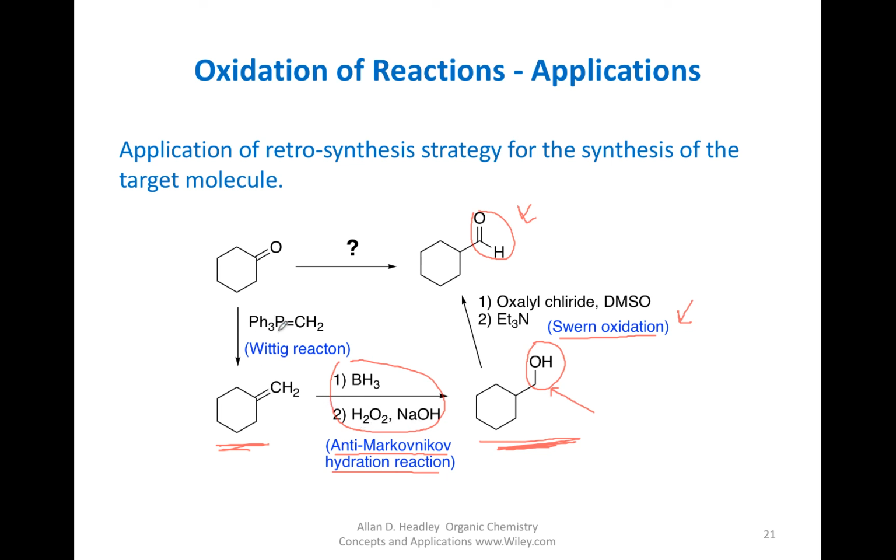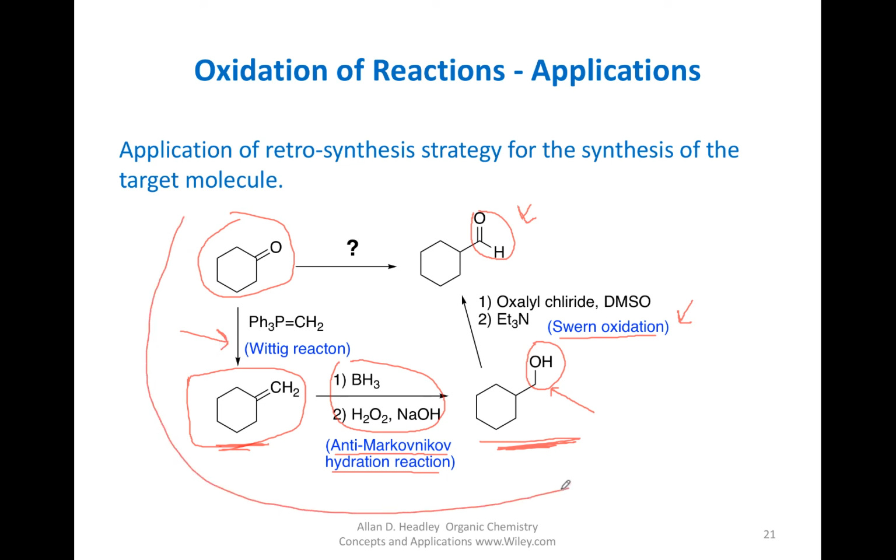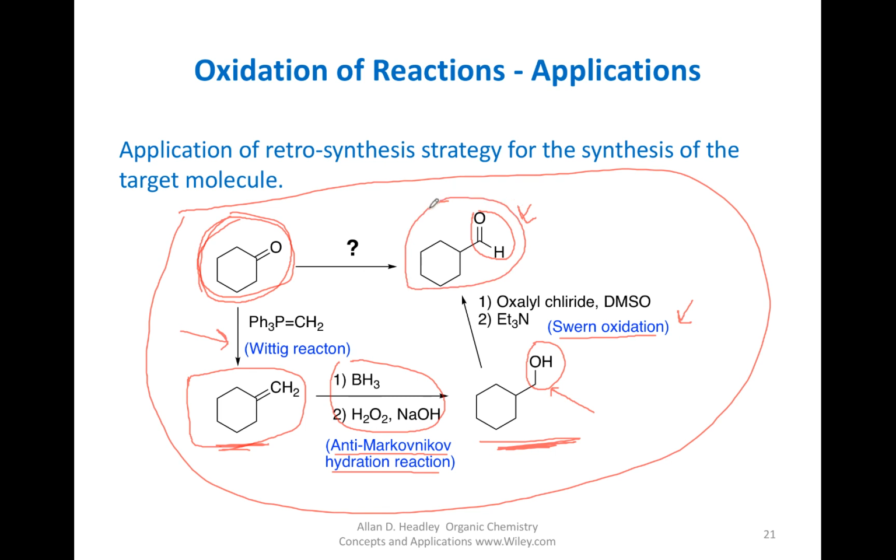And then you say, how do I make this alkene from this ketone? You will recognize right away that a Wittig reaction is one that can carry that out. So this is what I would expect you to communicate in terms of carrying out the transformation of this as your starting material, going to your target material here.